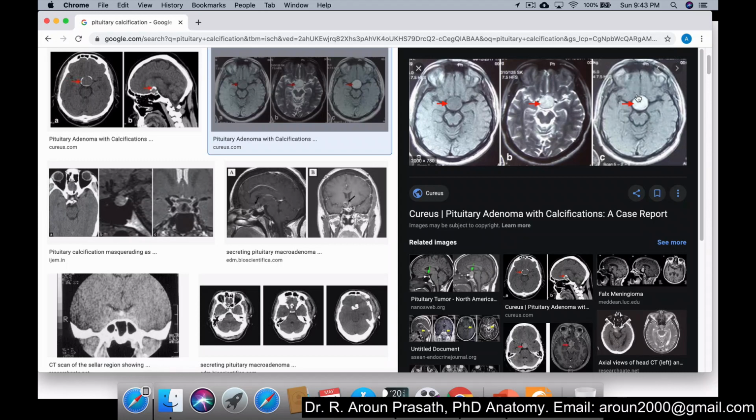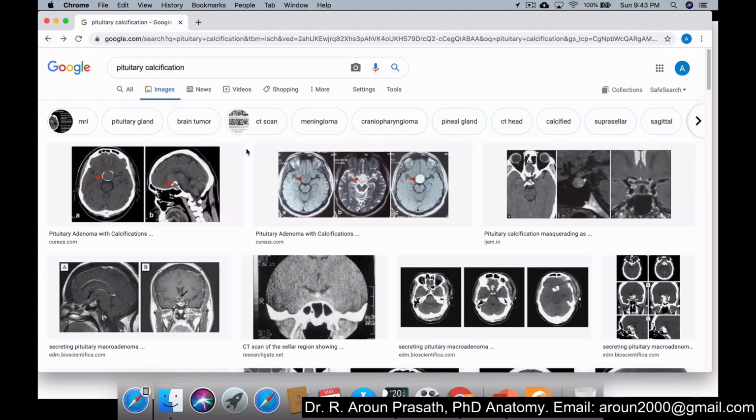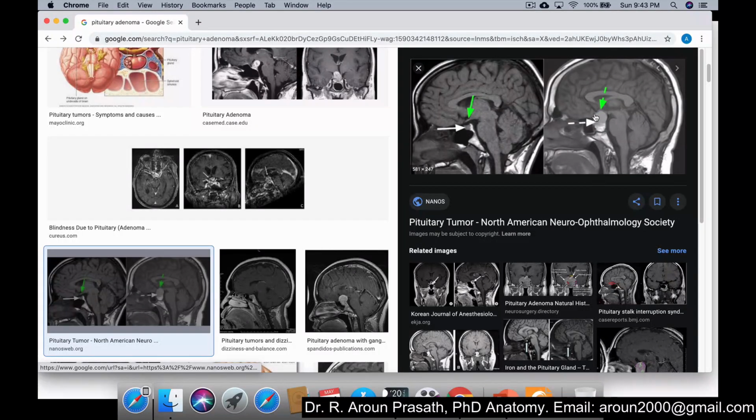This is called a pituitary calcification with the adenoma. Actually, this is an enlarged pituitary gland. Here, this is an MRI image. You can see there is a calcification with enlargement of the pituitary gland. So this is called a pituitary tumor or the pituitary adenoma.